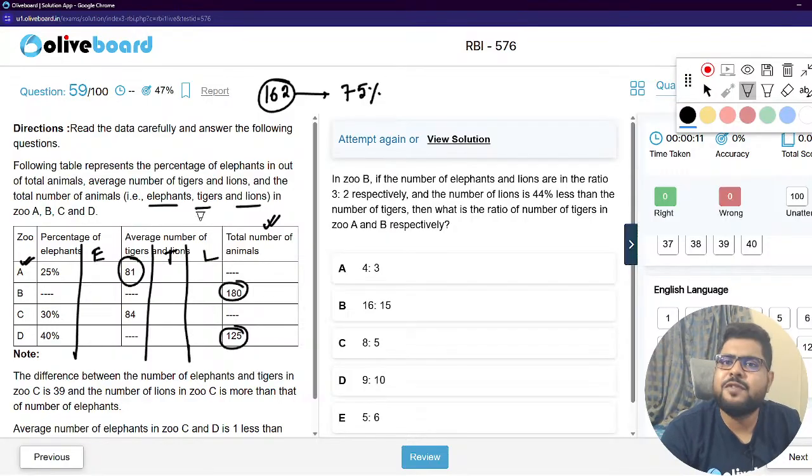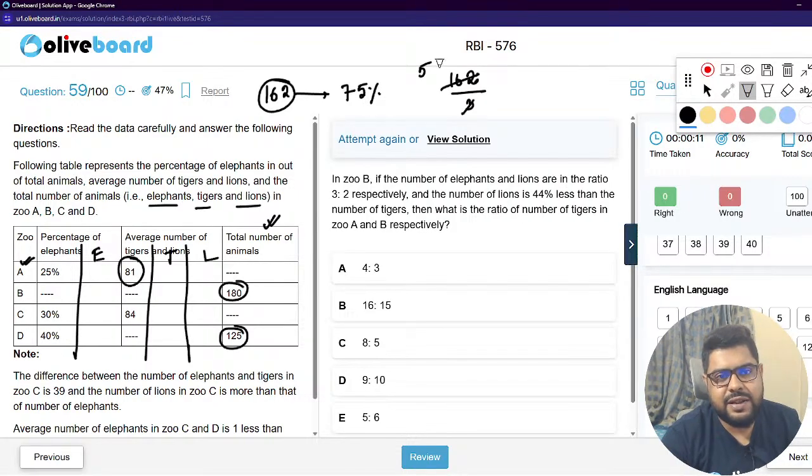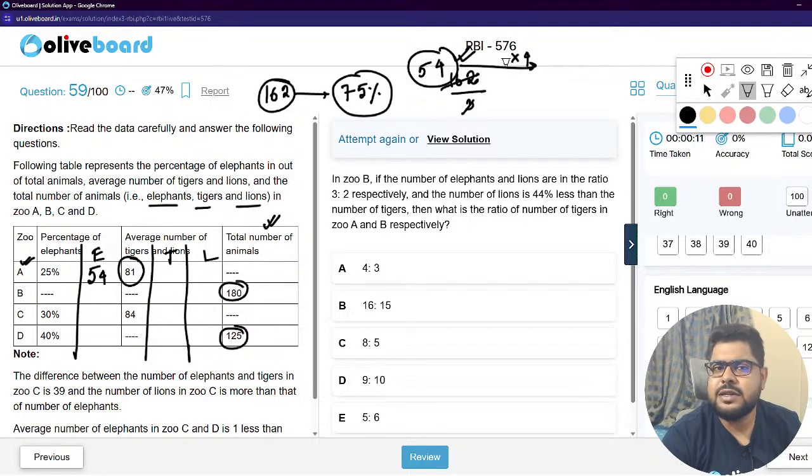So how many elephants? 25%, so divide this by 3. 3 fives are 15, 3 fours are 12. So the number of elephants is 54. And for the total number of animals, 75% is this, so find the 100% value: 25% is this, into 4, you get 100%. So this is 216, sir.